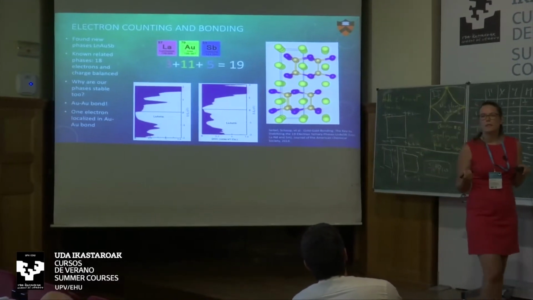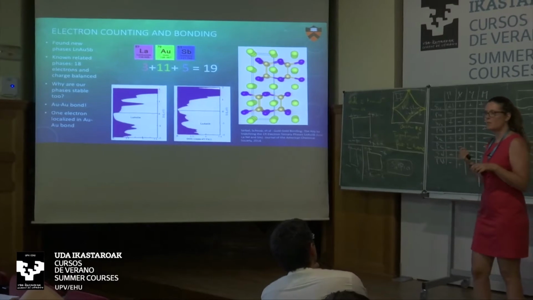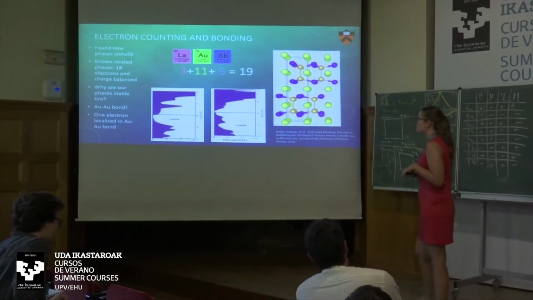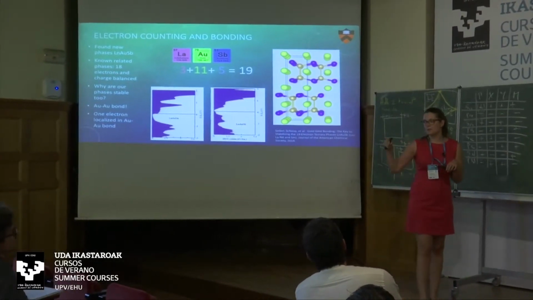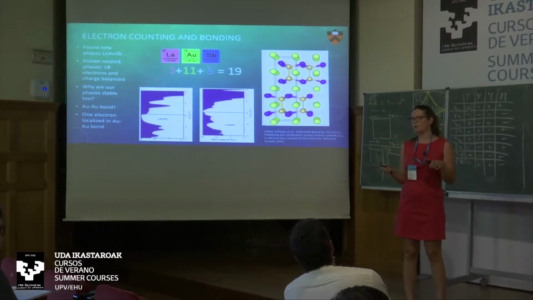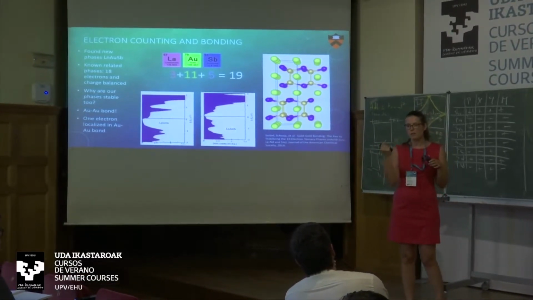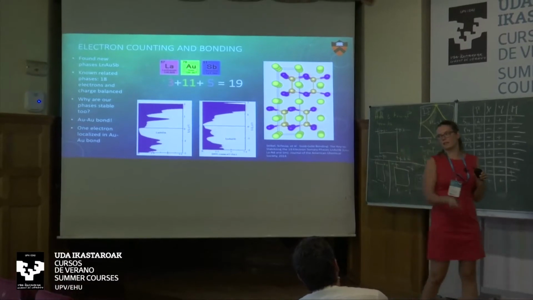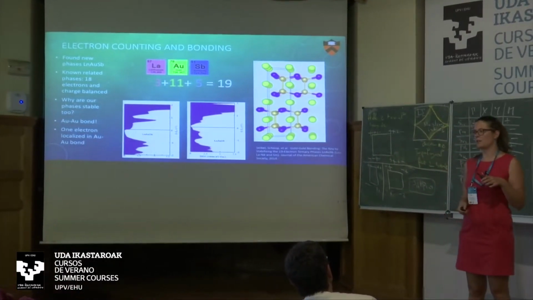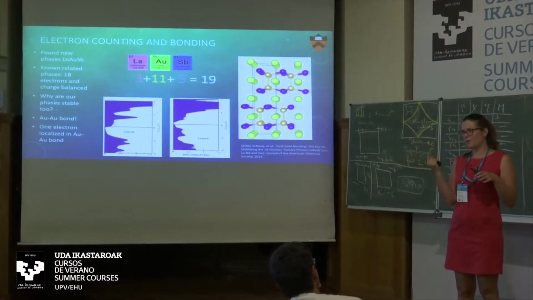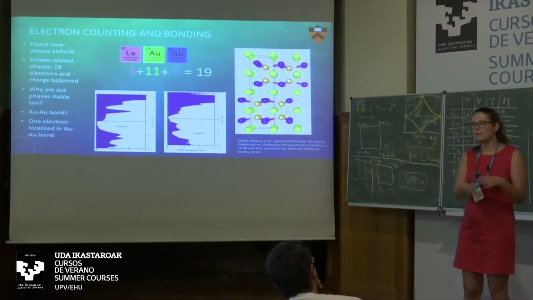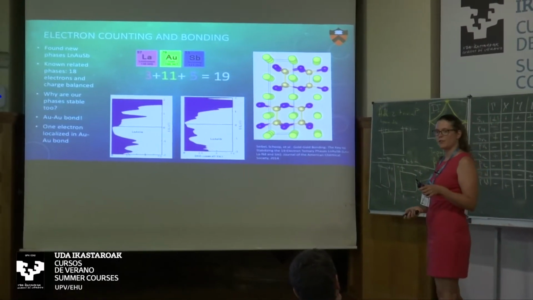So a chemical bond, a covalent bond, is formed between 2 gold atoms, and there are 2 electrons paired per double formula unit, or 1 electron per gold, localized in this bond and doesn't count towards your electron count. This electron per gold atom will be localized in the core states, and will not appear in your electronic structure calculation.